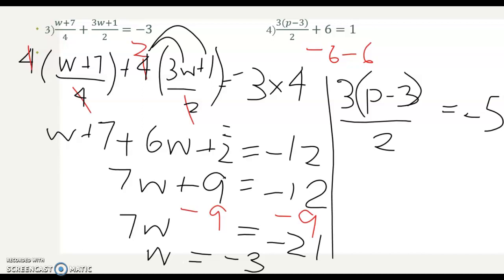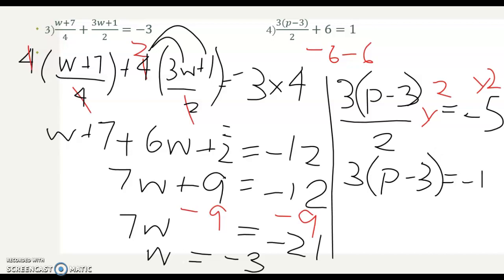My next step, of course, is to get rid of that fraction. So I would multiply both sides by 2. That gives us 3 with a bracket, and that equals negative 10.